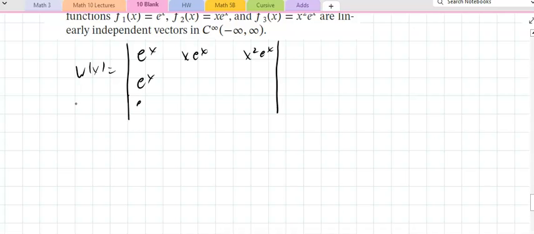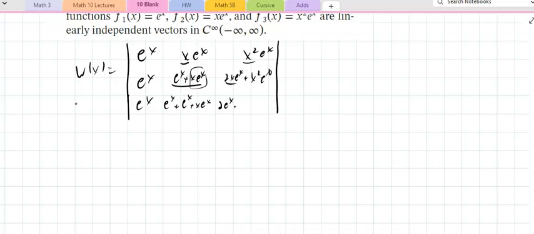This is e to the x, this is e to the x, this is derivative of the first times the second, plus x times e to the x, derivative of the first times the second plus x squared e to the x. And this derivative will be e to the x plus derivative of this is 1 times e to the x, that's e to the x plus x e to the x. Here, the product rule, 2 times e to the x plus 2x e to the x. And derivative of this would be plus 2x e to the x plus x squared e to the x.